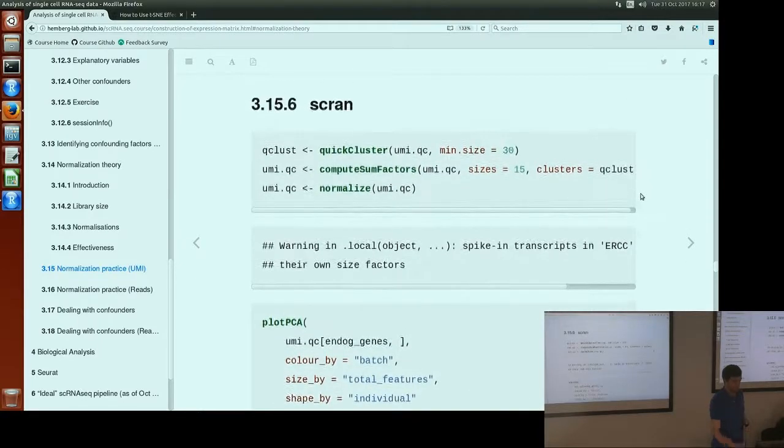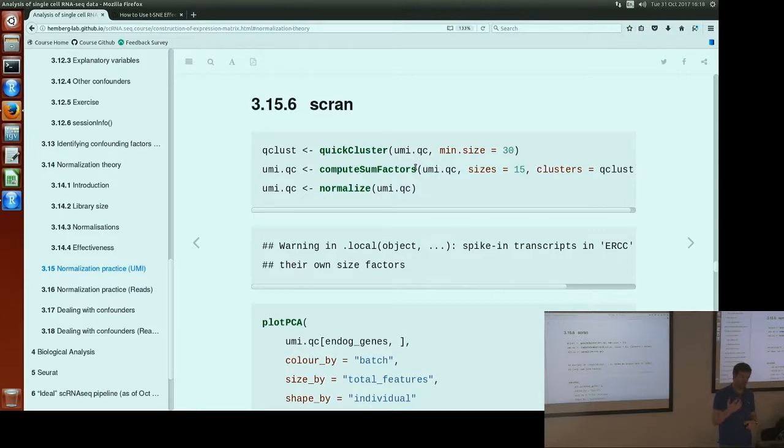Scran, however, is the better way to deal with this. There's computeSumFactors, which operates on the endogenous genes. There is another function, which I think is called computeSpikeFactors, which specifically computes size factors for the normalization of the spike-in genes.